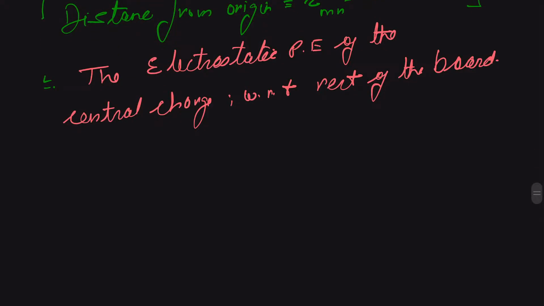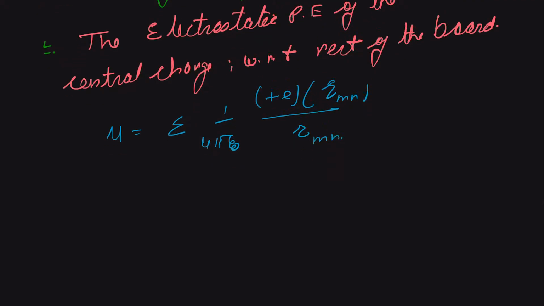So based on this we can write that U will be equal to the summation of 1 upon 4 pi epsilon naught, the first charge times the charge at location m, n, over the distance between the origin and the charge m, n. But we have to remember that m, n cannot be equal to 0, 0. This is because the test charge is already at the origin and each square is holding only one single charge. Yes, we have to remember this.